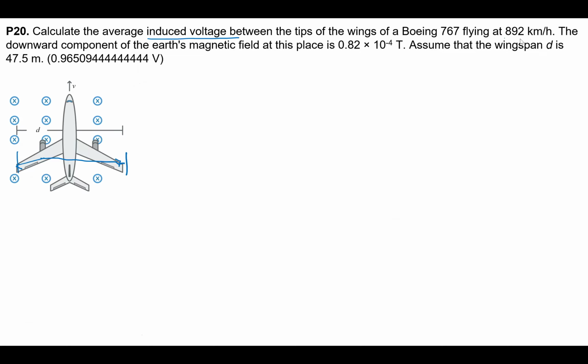It is flying with this velocity. The downward component of the magnetic field at this place is this much. So in other words, it is equivalent to a magnetic field here, and we have a moving rod. That's what you are going to assume.